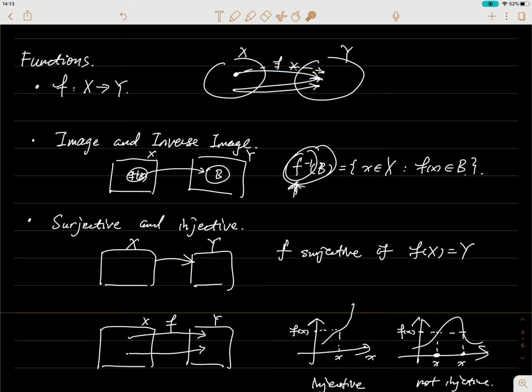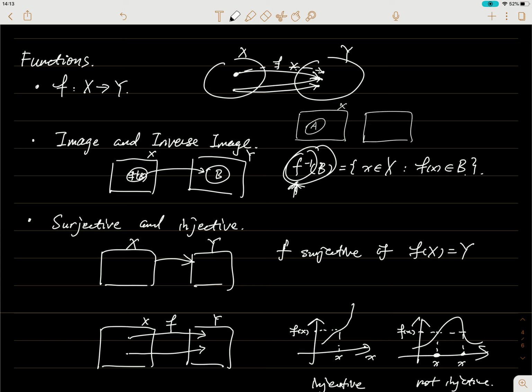Then we can talk about the concept of image and inverse image. So the image of f usually refers to a set. Let me draw it here. Say I have this set X, and A is a subset. Now what's the meaning of the image of A under f?